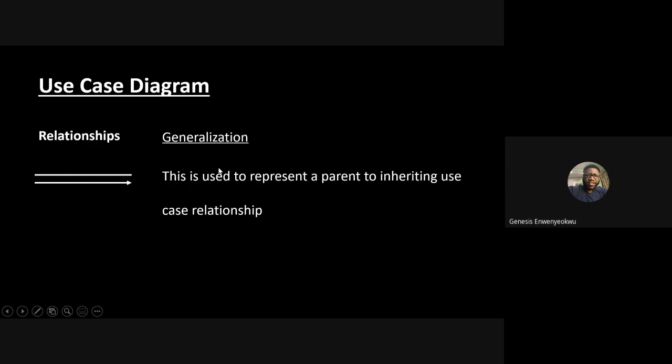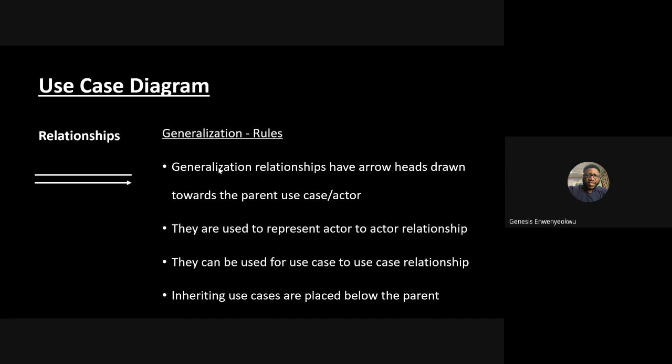Then we have the next one, which is the generalization relationship. The generalization relationship is used to represent a parent to inheriting use case or inheriting actor relationship. It certainly has an arrowhead, and it can be used to show actor-to-actor relationships.